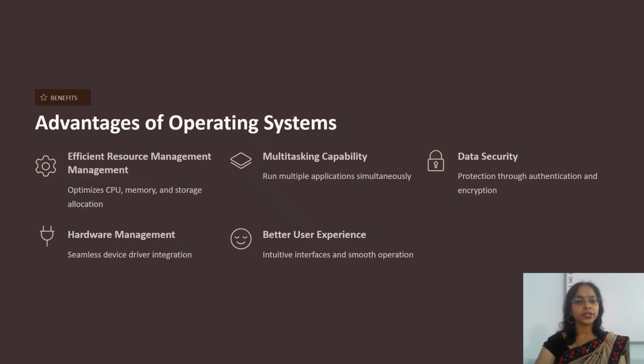Hardware management, seamless device driver integration. And last, better user interface, that means an intuitive interface and smooth operations. These are all used for better user experience, and without operating systems computers cannot function properly.